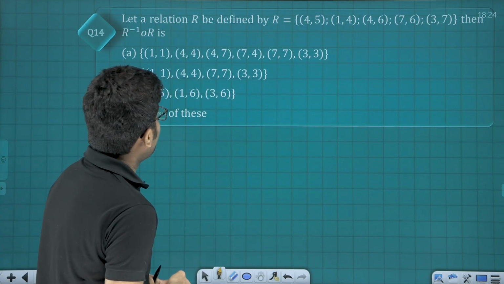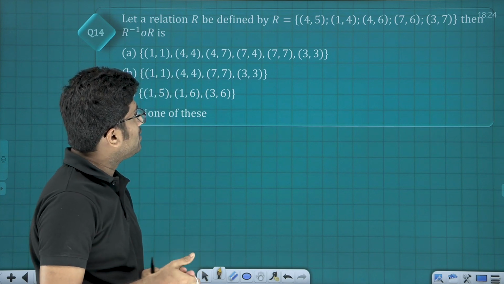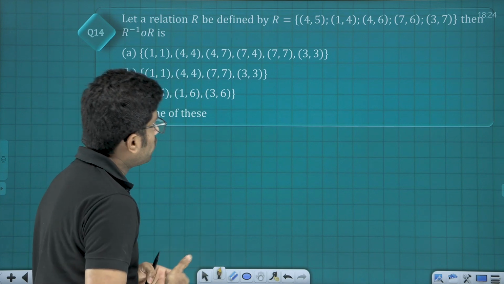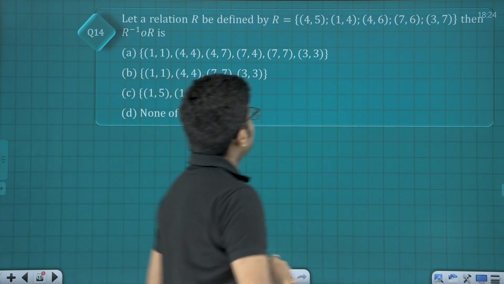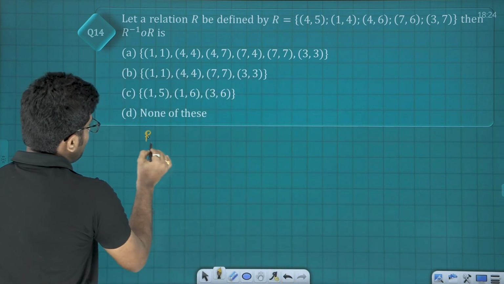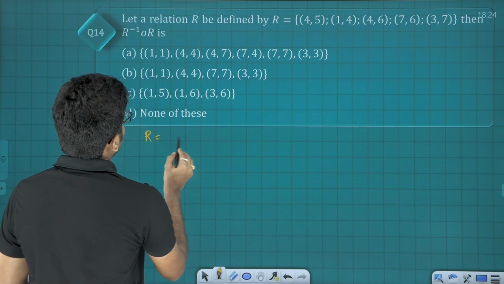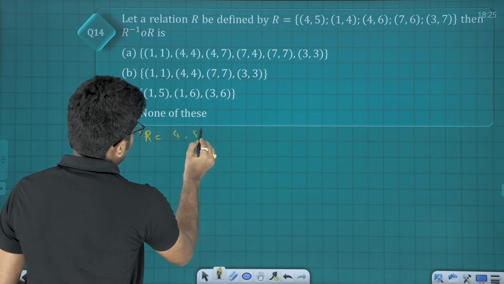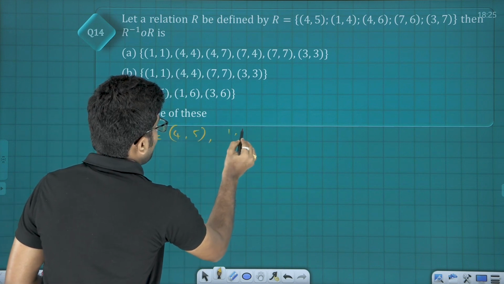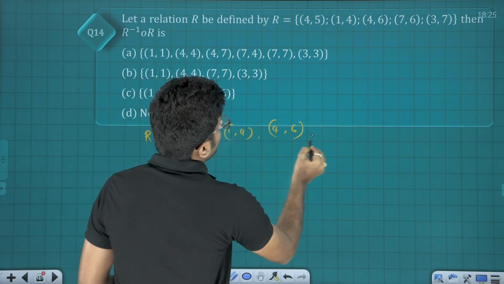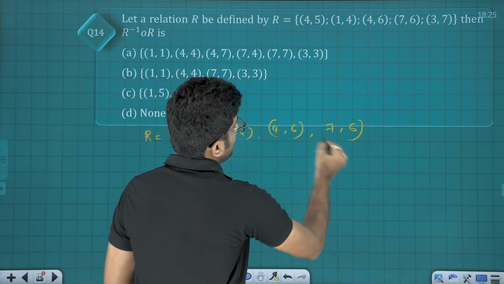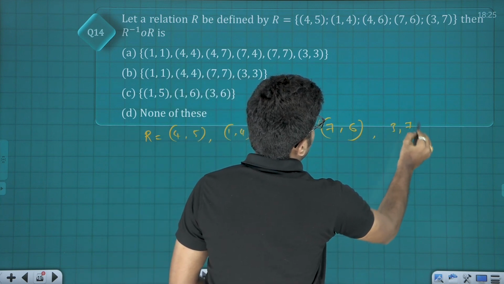Next, let a relation R be defined, where R is equal to the set {(4, 5), (1, 4), (4, 6), (7, 6), (3, 7)}. Then, friends, let's write in detail. R is equal to (4, 5), (1, 4), (4, 6), (7, 6), (3, 7).